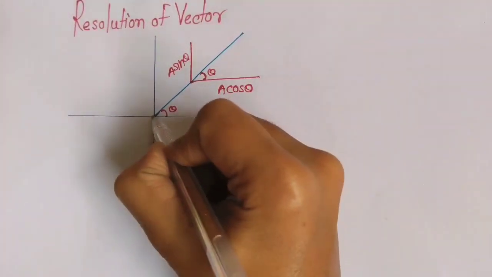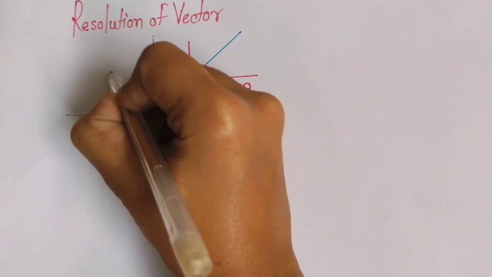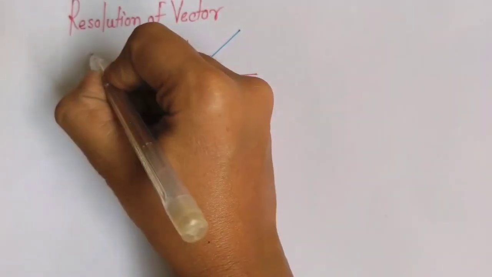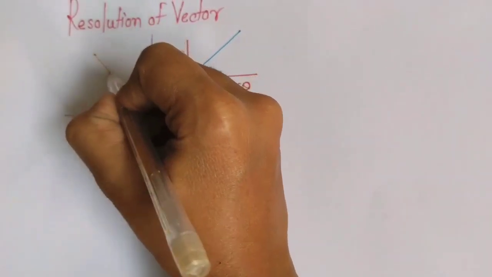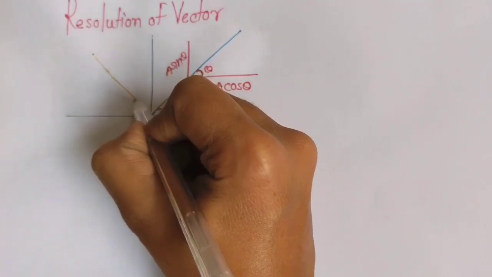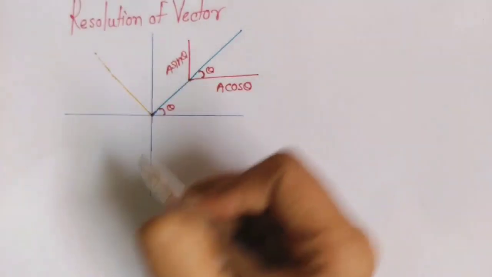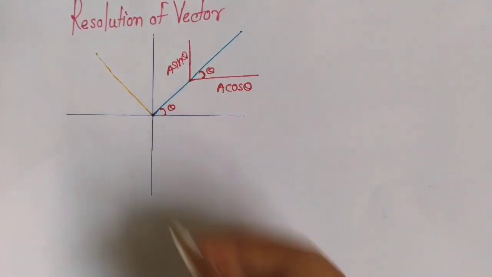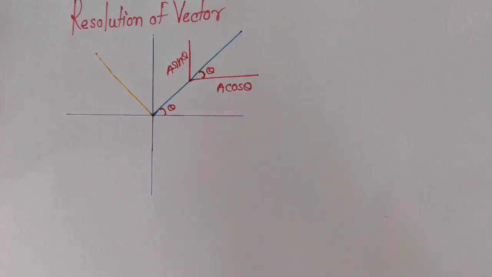We have taken another vector b in quadrant number 2, and we have to resolve this vector b into two components.